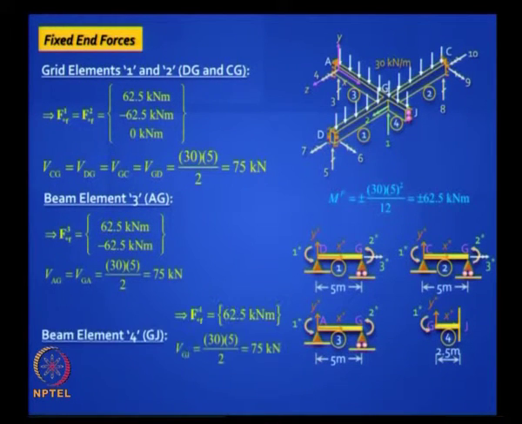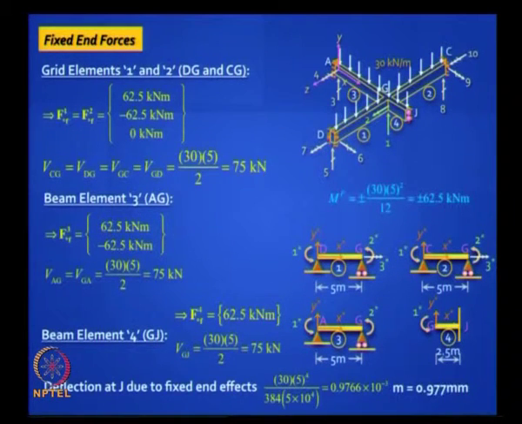And for the fourth element, it is a guided roller support. So you should take the full span, you will get the same formula 62.5, it is anti-clockwise, it is positive, and the vertical reaction is also the same. So we are dealing with the same numbers 62.5 and 75 because all the spans and the loads are identical. Is it clear? Not difficult.